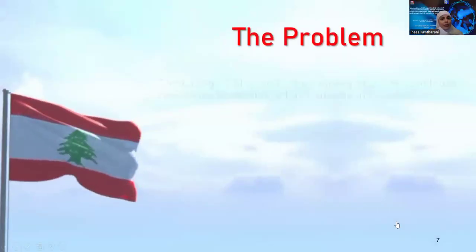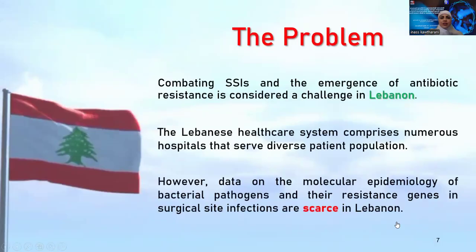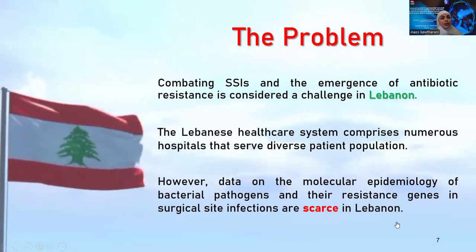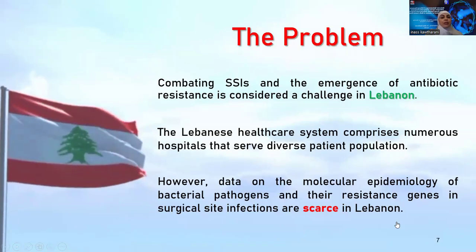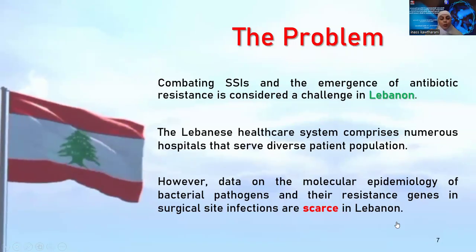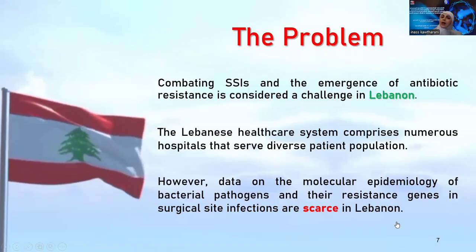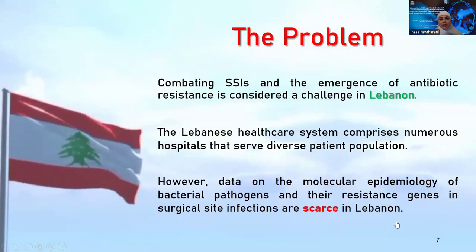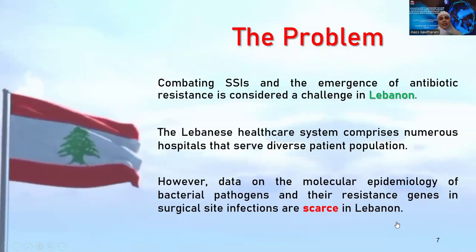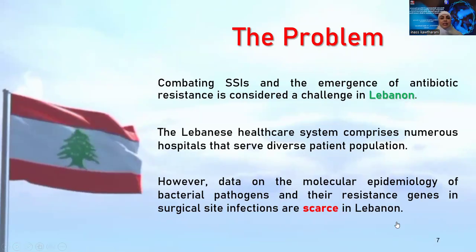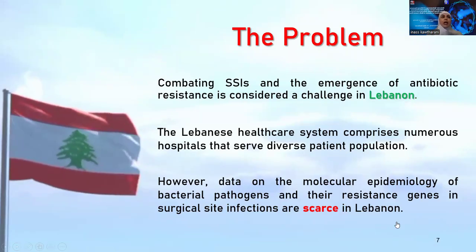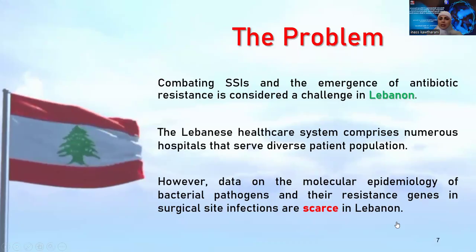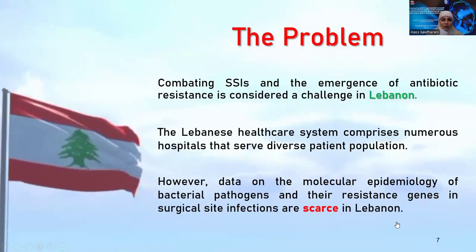So in Lebanon, combating surgical site infection and its antibiotic resistance is a serious challenge due to the fragmented healthcare system and diverse population. However, data on the molecular epidemiology of bacterial pathogens and their resistance genes in surgical site infection is still very limited, which creates a gap in our ability to implement effective measures.